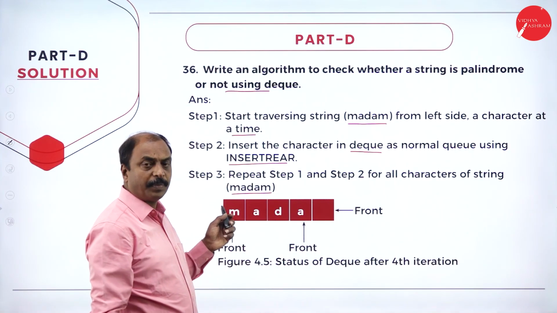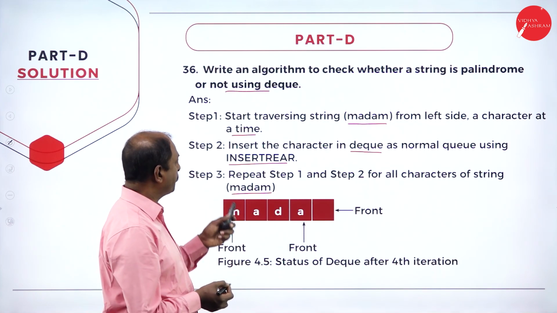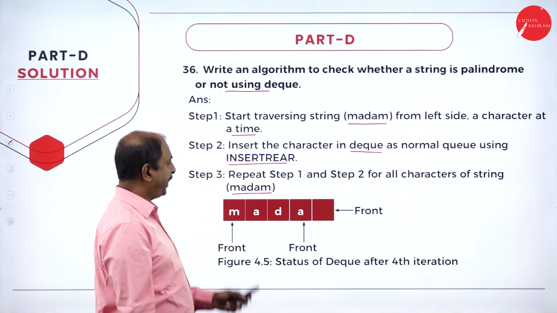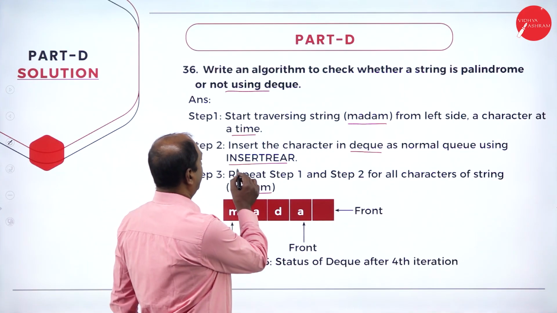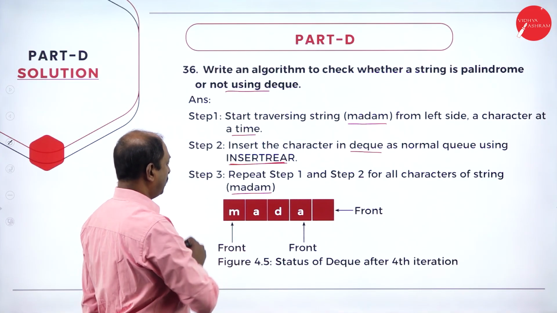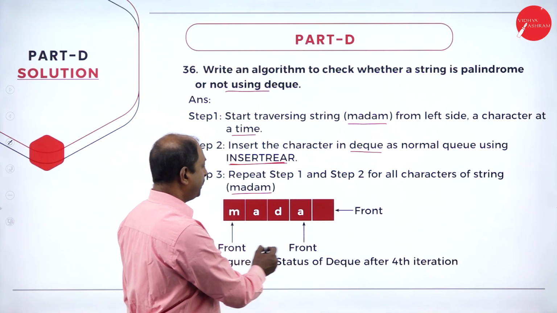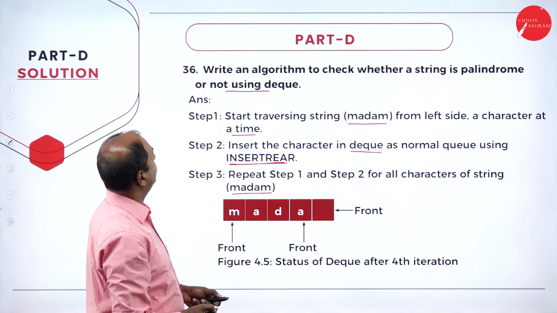At the beginning we start reading from left to right, then each character we insert at the rear end of the DQ. Now these two have to be repeated. Insert front, insert rear. Next slide.